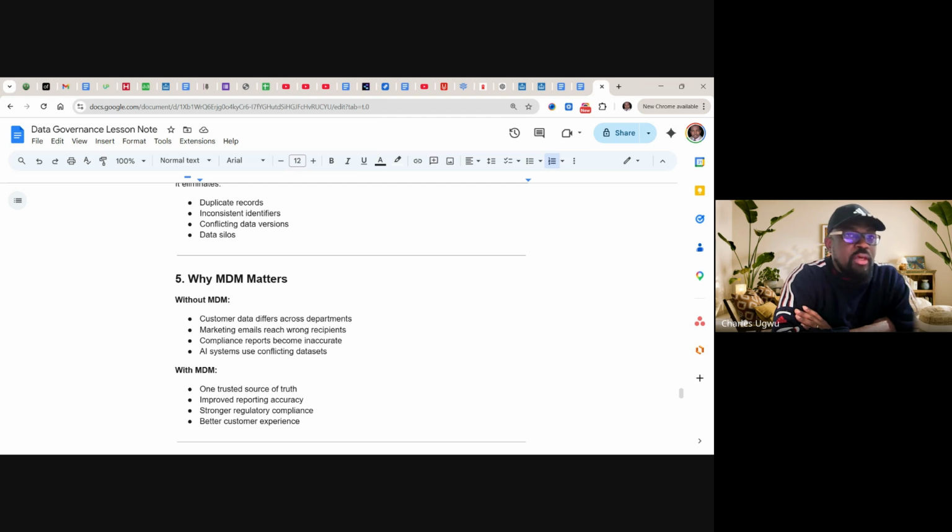When you copy data from one system to another system, it becomes a different data set. I can copy it and start updating and adding other things to that data. It's no longer the original version.